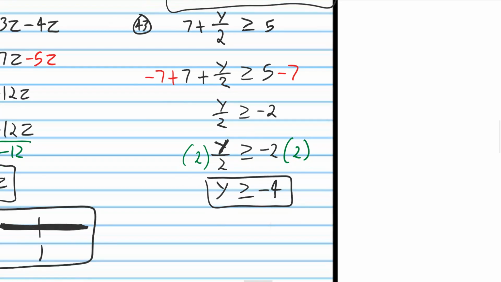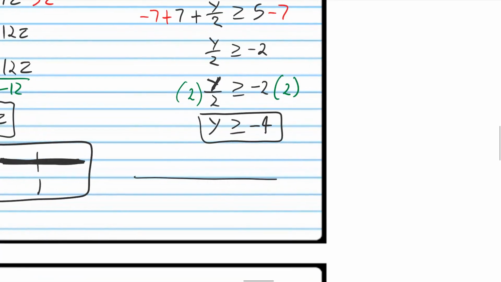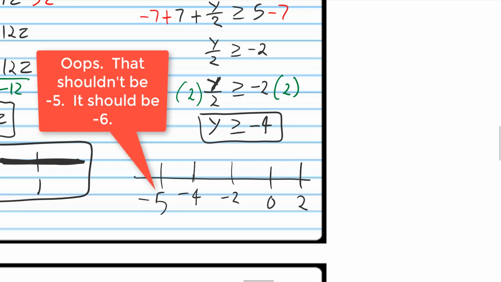So if you got y is greater than or equal to -4, good job. So it's going to be a closed dot. And shade to the right. So if you shaded to the right, good job.